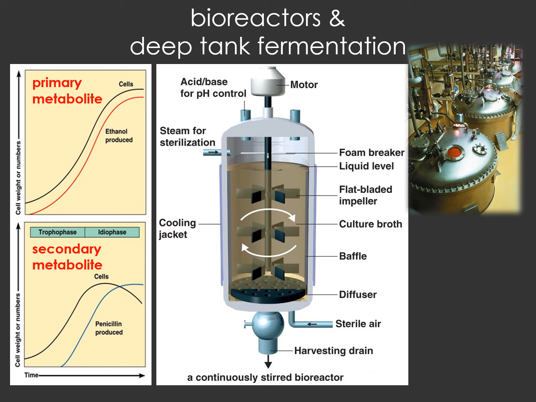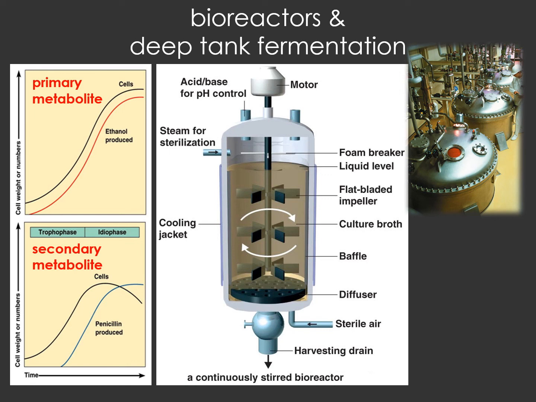And that allows for a maximal amount of whatever you're looking for in this fermentation product to be harvested. So when we're talking about deep tank fermentation and bioreactors, notice we're not talking about lag and exponential and stationary and death phase. What we want to talk about is cells that are at a low concentration and cells that are at a high concentration.